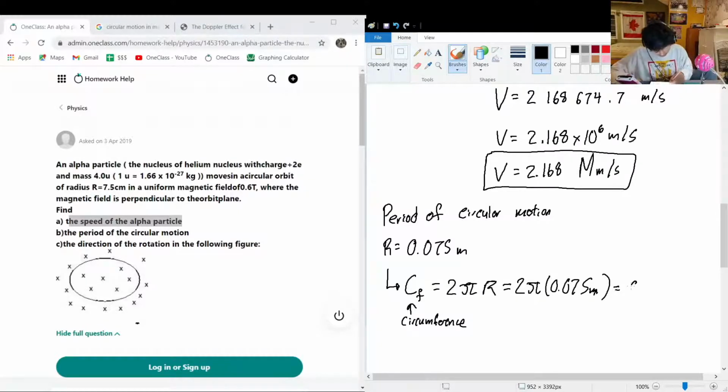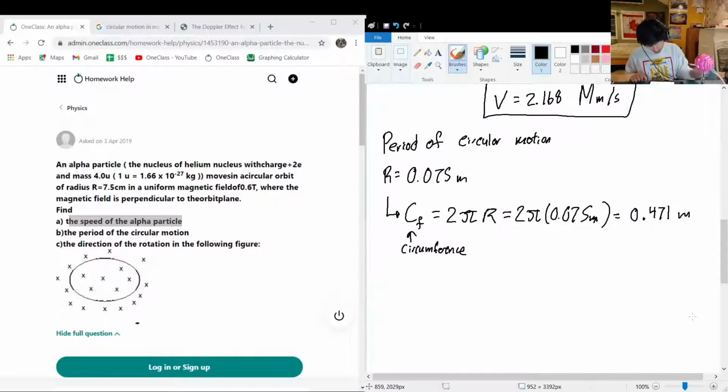We get 0.471 meters. So 47 centimeters circumference. Seems reasonable. Okay, so now if we do circumference divided by velocity, we will get the period.